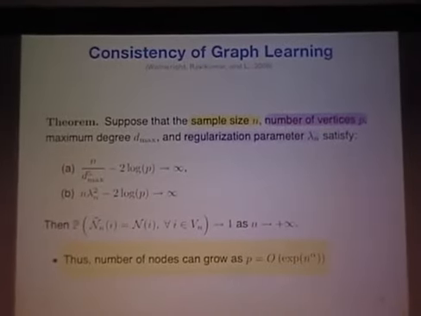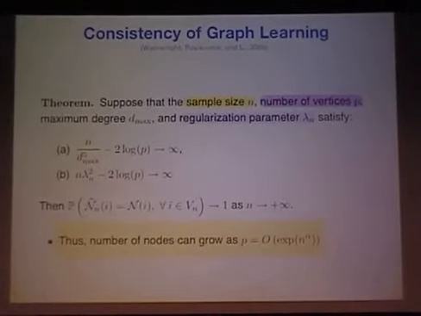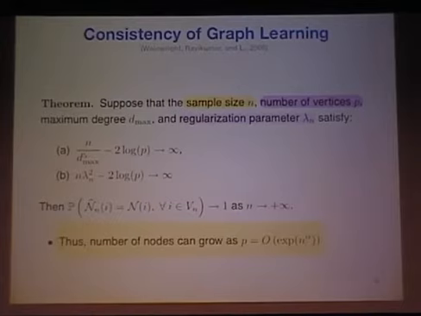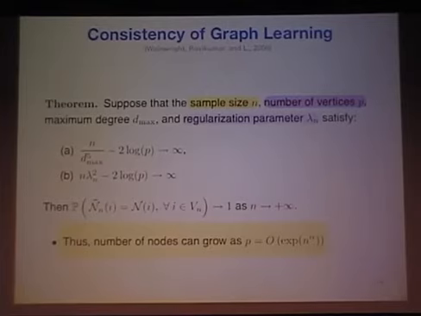I imagine you could prove a similar consistency theorem for L1 regularized pseudo-likelihood. This is a weaker method because we're doing all these logistic regressions independently, getting different parameter estimates. But intuitively, the pseudo-likelihood technique should work better, and you'll get consistency that way.